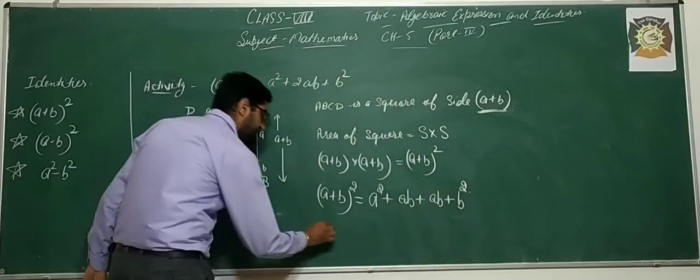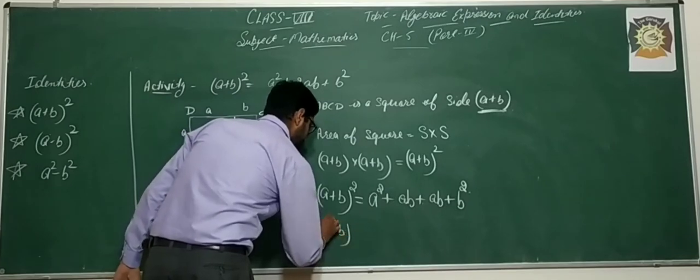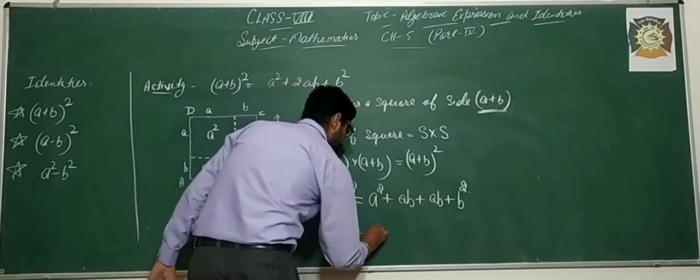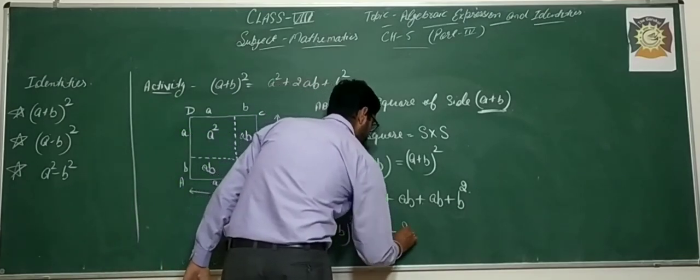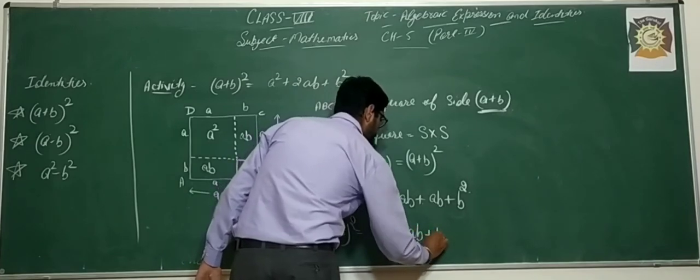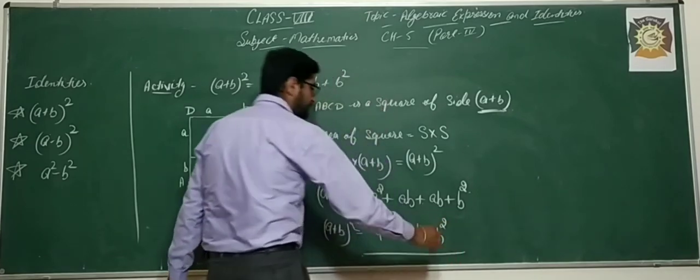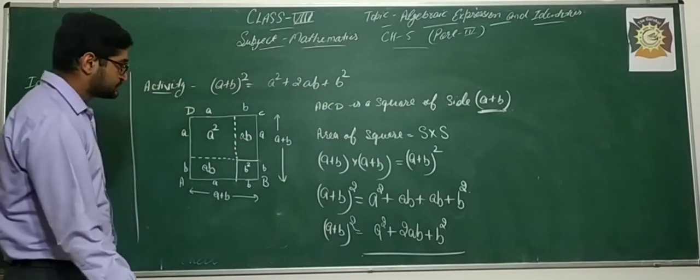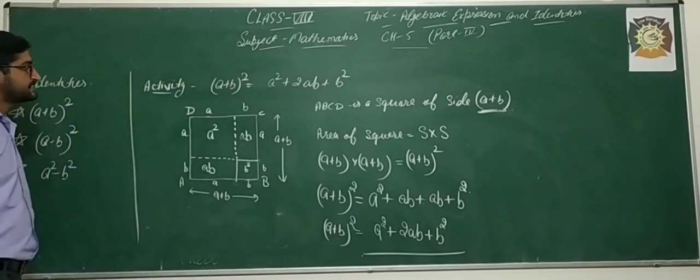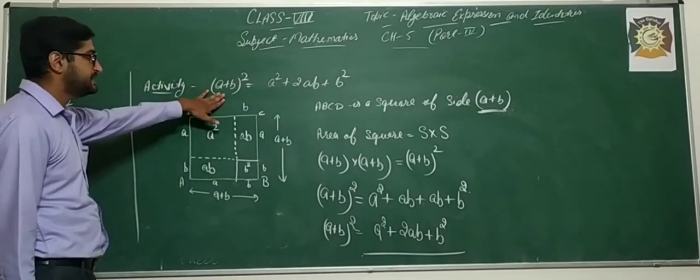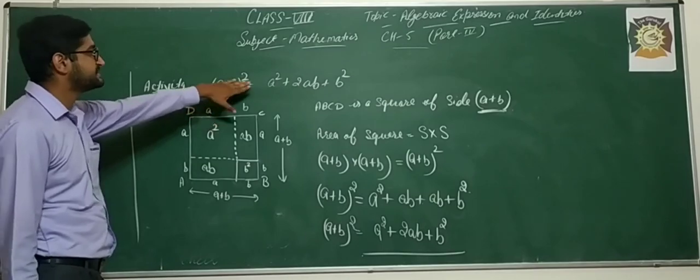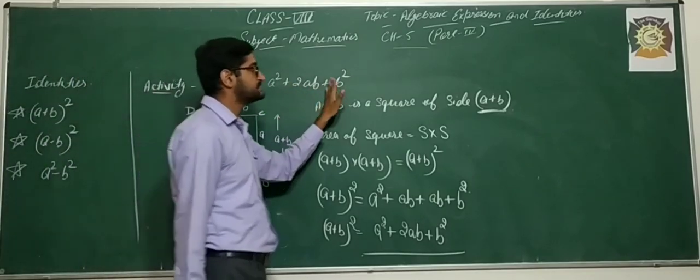And finally (a plus b) square is equal to a square plus 2ab plus b square. So this is the activity to understand the identity (a plus b) whole square, that is a square plus 2ab plus b square.